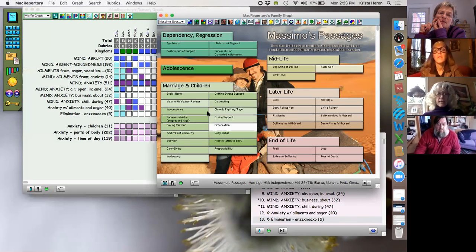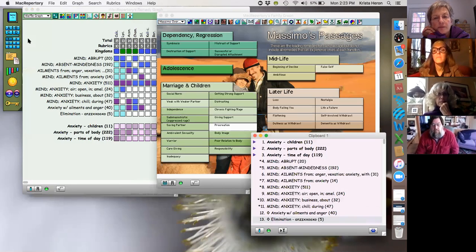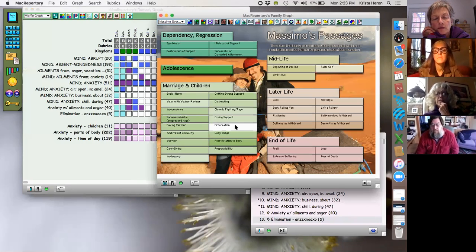If you look at, so again, this is based on the repertorization that's in my clipboard. And what it's telling me is none of the remedies in my repertorization have any kind of procreative issues. So it's white.